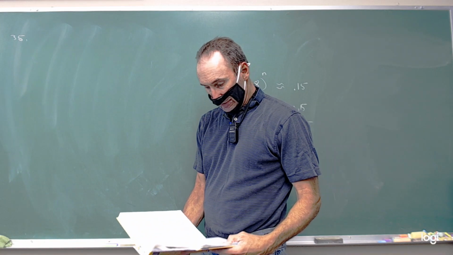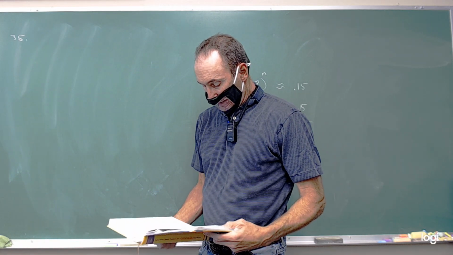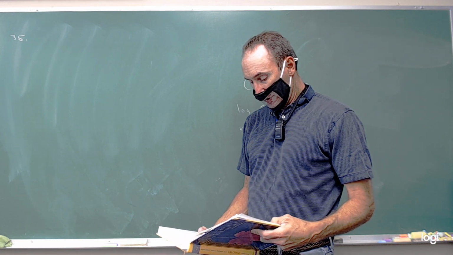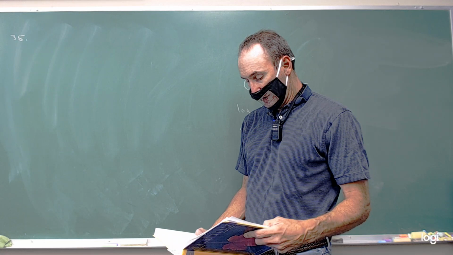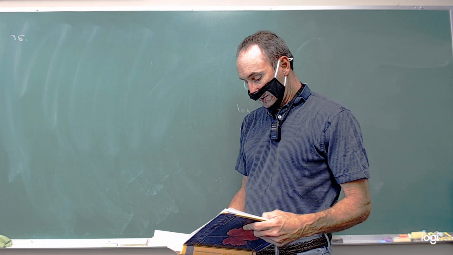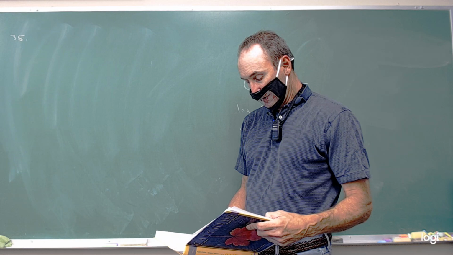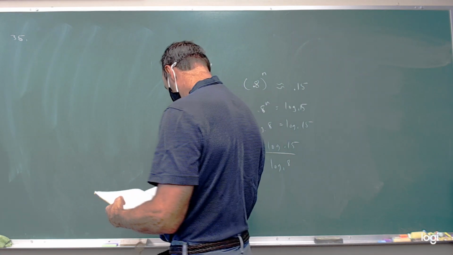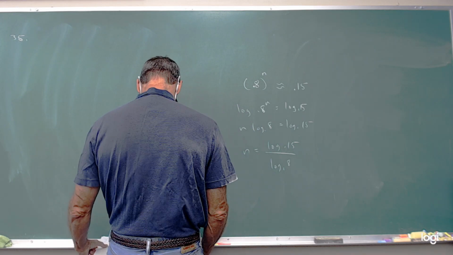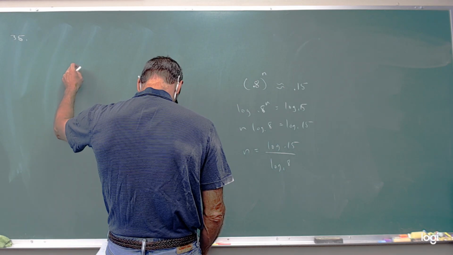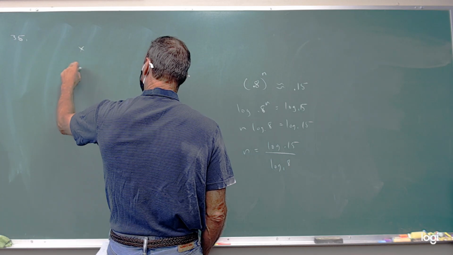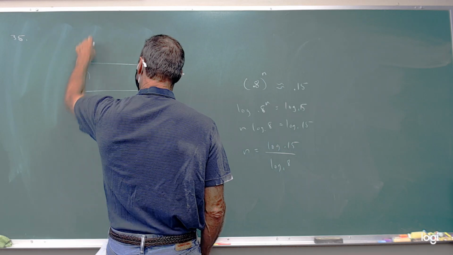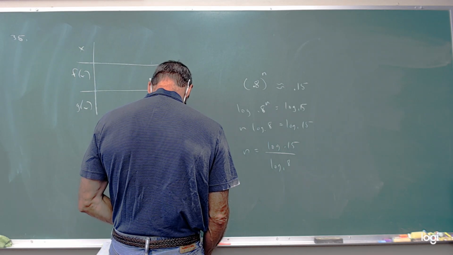So number 35. We have a table, and it shows some values of a linear function f and an exponential function g. Find exact values, not decimal approximations, for each of the missing entries. Oh boy. So, let's see if I can do this. We have x, f of x, g of x. And the x values are 0, 1, 2, 3, 4.